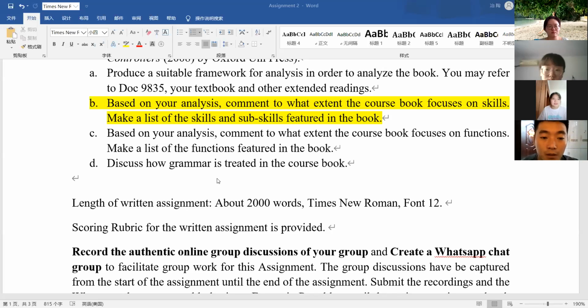But I think in the first part we mentioned some other skills, not just the four basic skills, that have been reflected in this book. Yes, I think to some extent they are integrated. Yeah, some metacognitive skills are developed through the four basic skills.